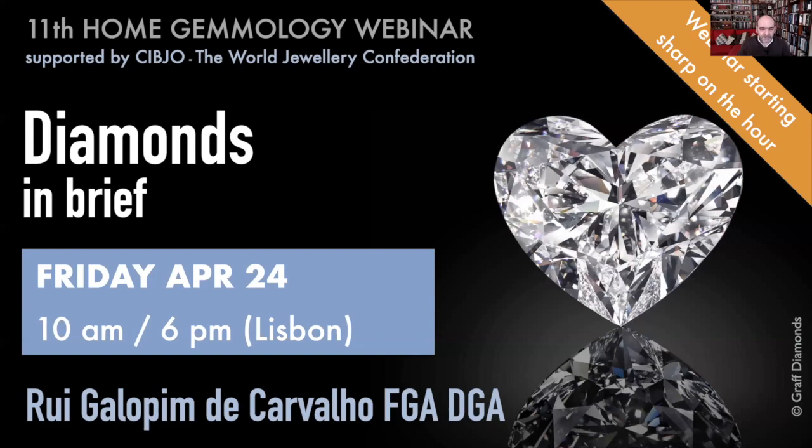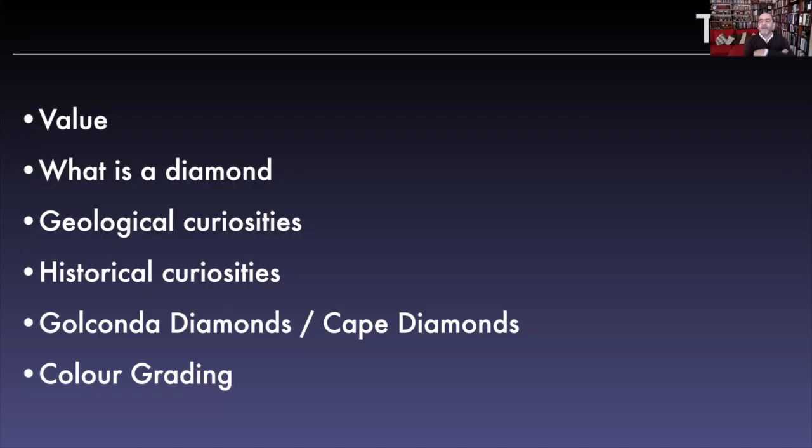Those were design options. So what are the topics for today? I will address a little bit about the value of diamonds. I'm not saying how much they're worth, but we will discuss curious things about the value of a diamond. Also, what is a diamond, or what is it as a material? Don't go much into the mineralogy, but it's really interesting to understand actually what it is.